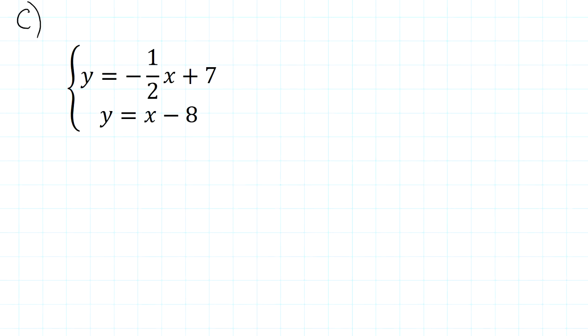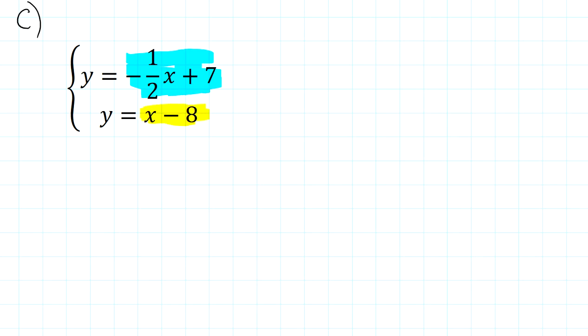Okay, in part C, as I look at this system of equations, the thing that I'm immediately struck by is the fact that they're both giving me two different ways to write y, right? One way that I can write y is it's negative 1/2 x plus 7, and another way that I can write y is it's x minus 8.